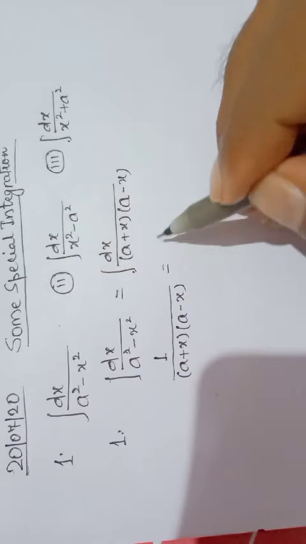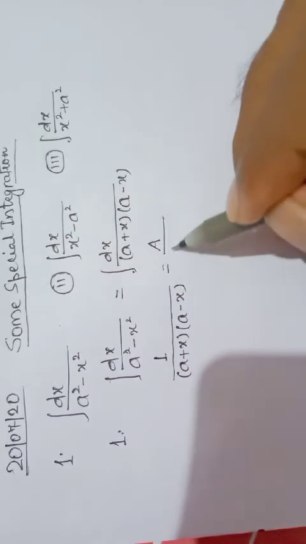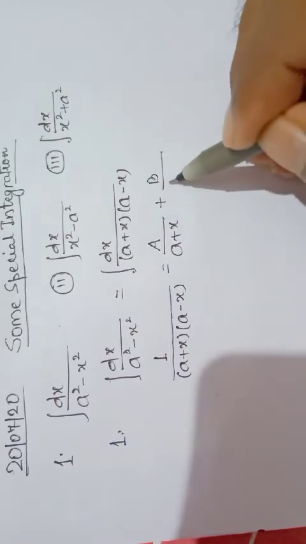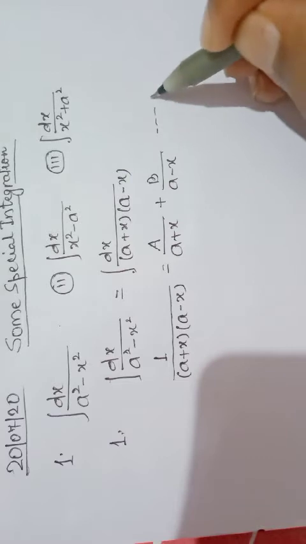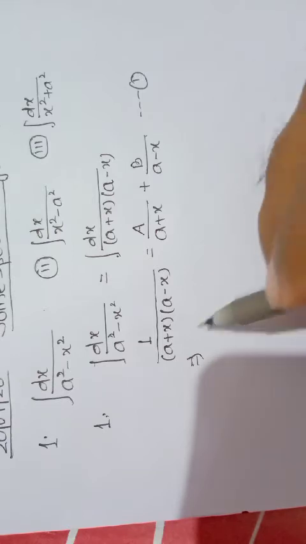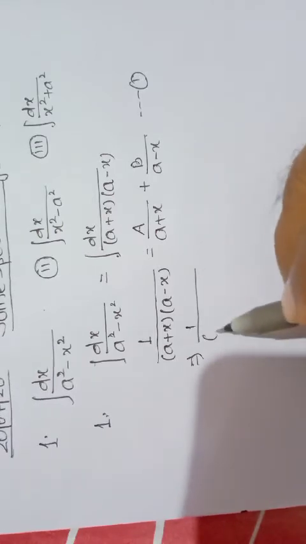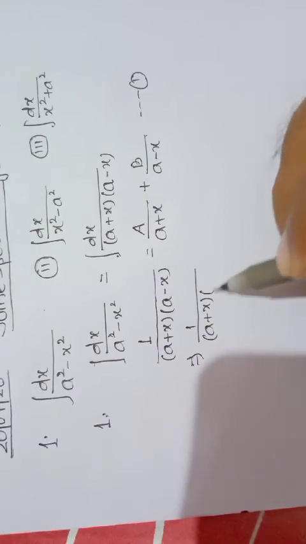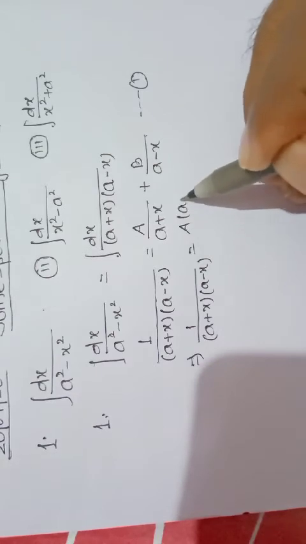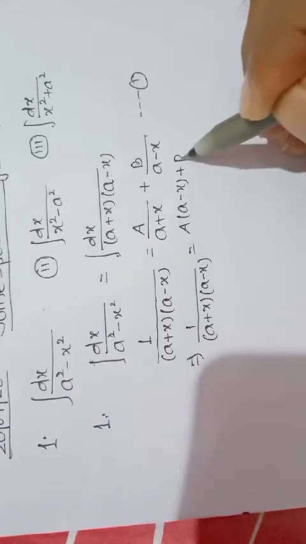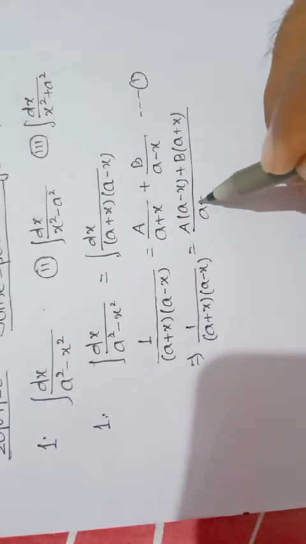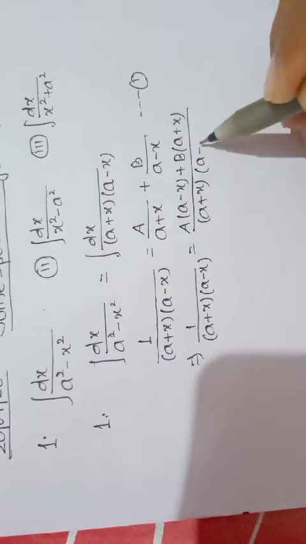According to the property, let it be A upon a plus x plus B upon a minus x. Suppose this is equation number 1. Take out the LCM, then 1 upon a plus x into a minus x should equal A into a minus x plus B into a plus x upon a plus x into a minus x.